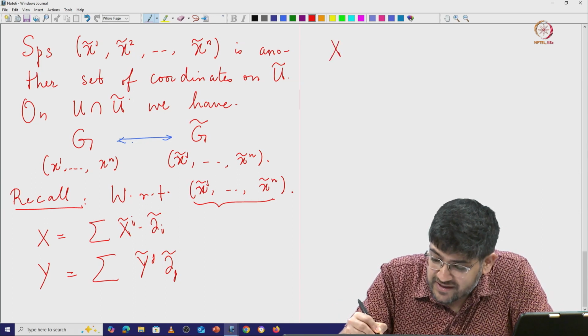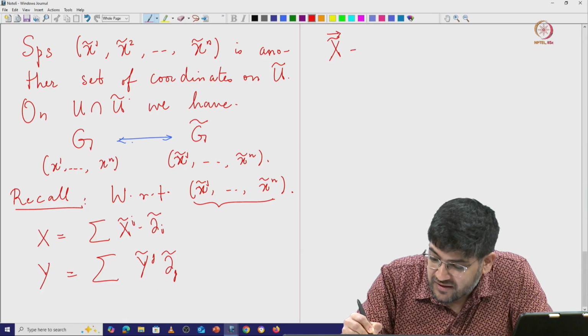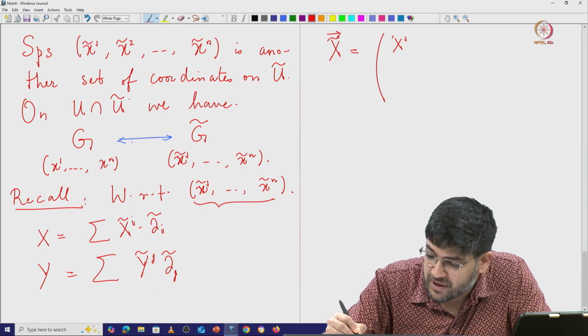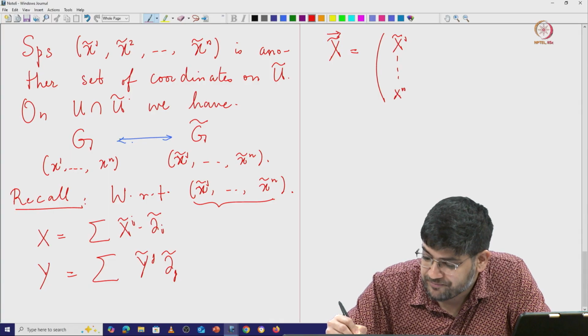So I then consider the corresponding column vector which is given by these components.